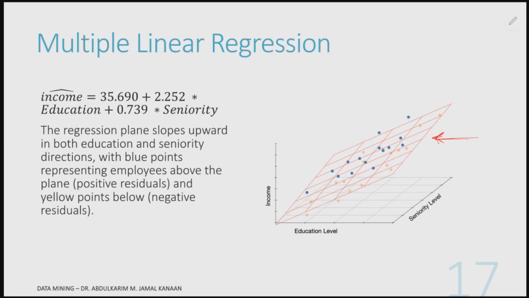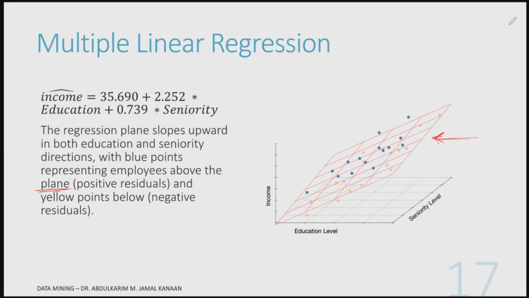I forgot the word. The regression plane slopes upward in both education and seniority, with blue points representing employees above the plane. Yeah, we call it a plane. So we're looking for the best fitted plane in this case, because we now have 3D, three-dimensional.